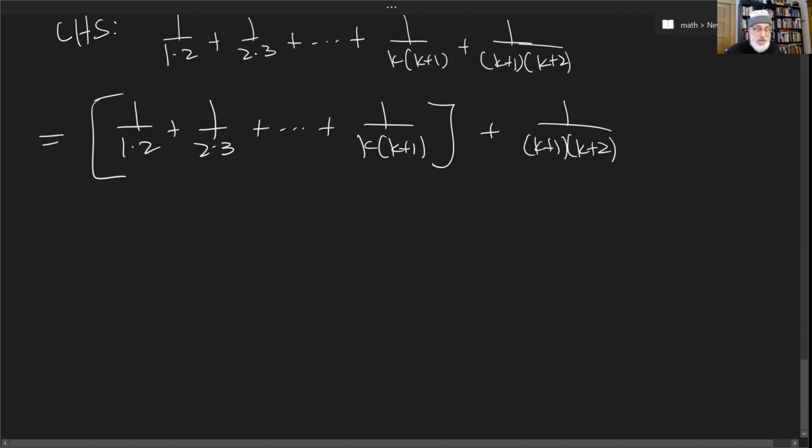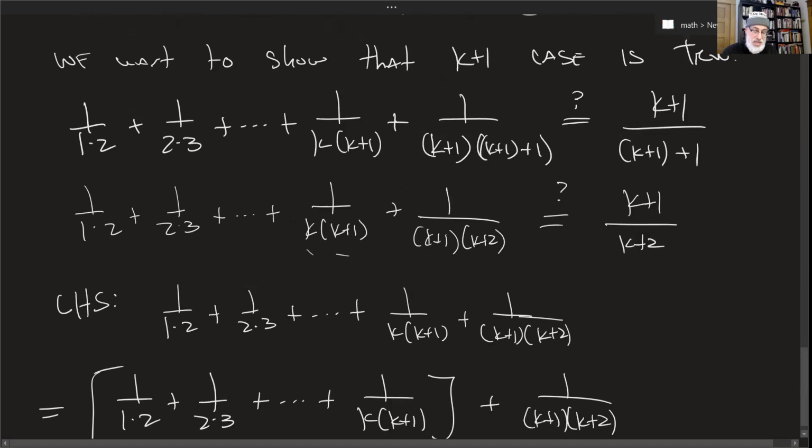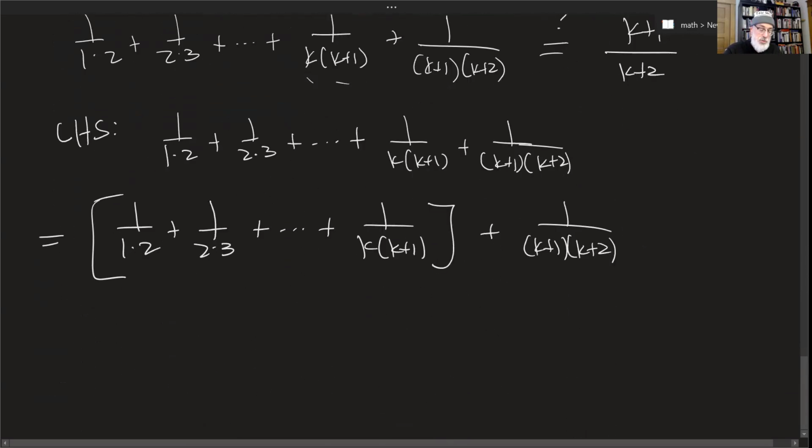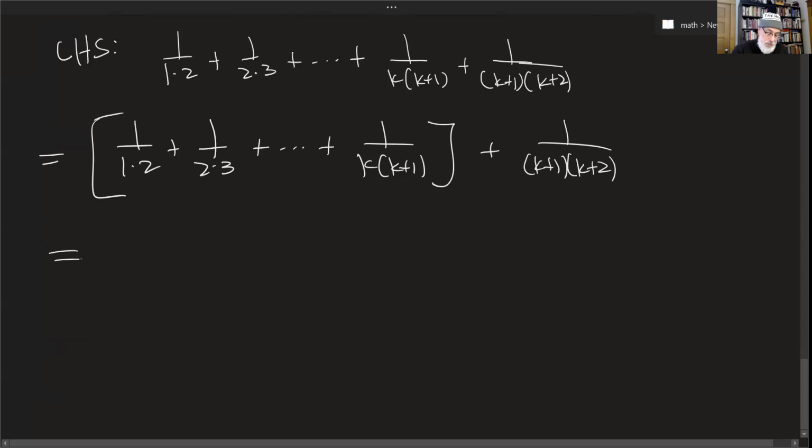So again, in the brackets is the induction hypothesis. We said that was true by assumption to be k over k plus 1. So simply we're going to substitute what that equals, and then we're going to keep this term here, just tack it on.